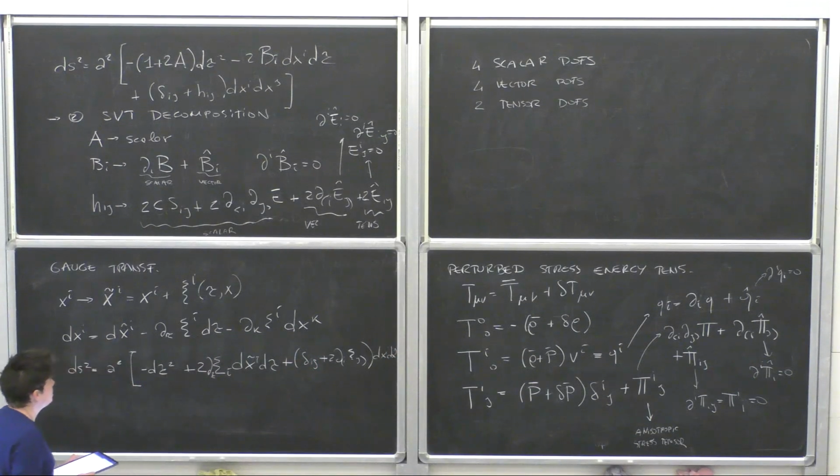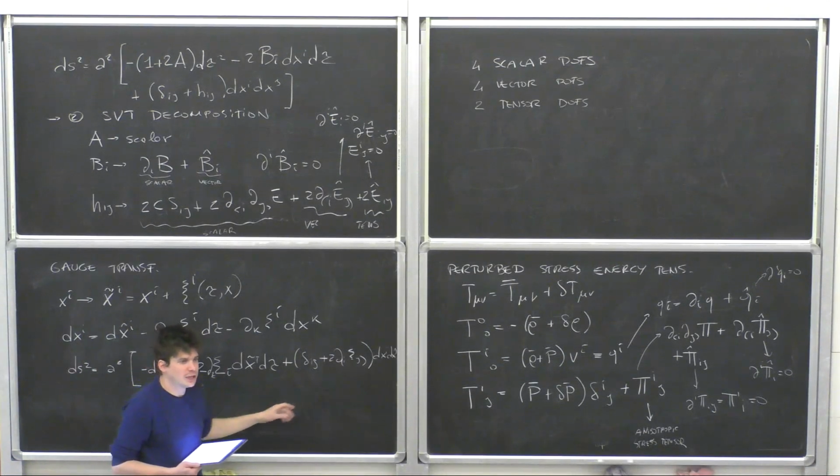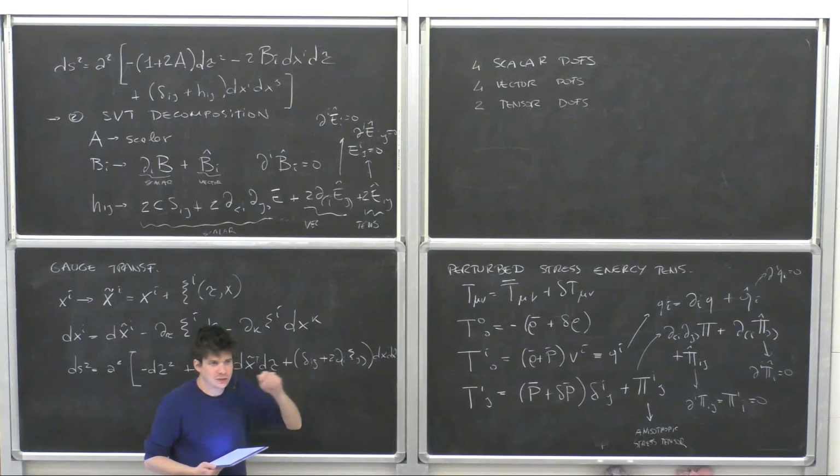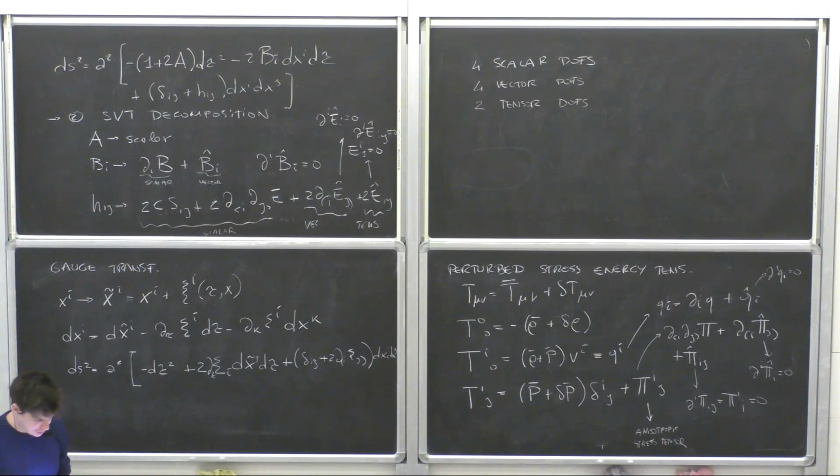Okay, so as you see here, our seemingly harmless coordinate transformation has transformed our background metric into a perturbed metric, which now has spatial fluctuations. So by changing coordinates, we have induced spatial perturbations, okay? So that's pretty bad.